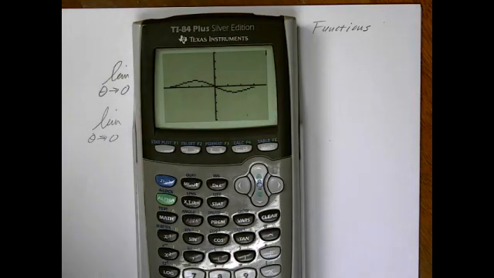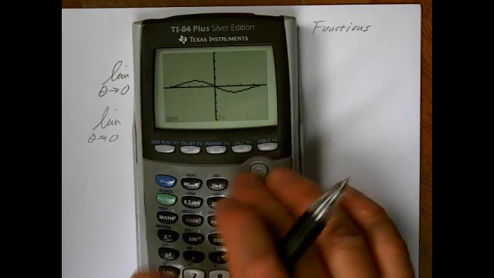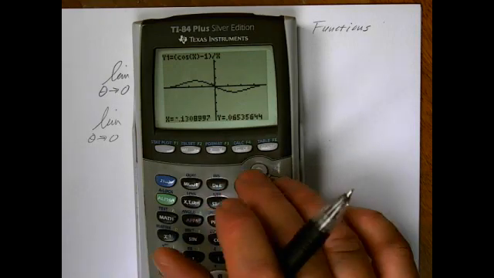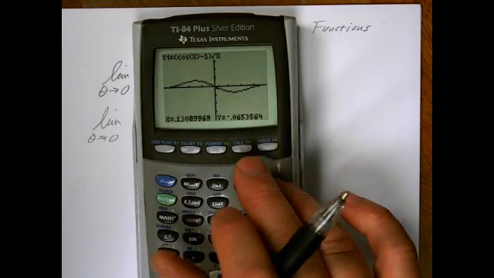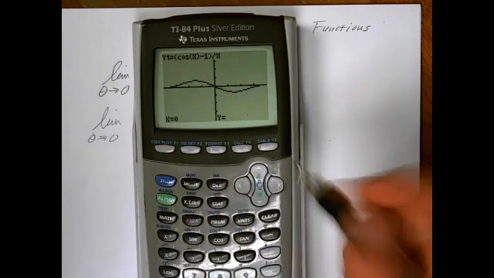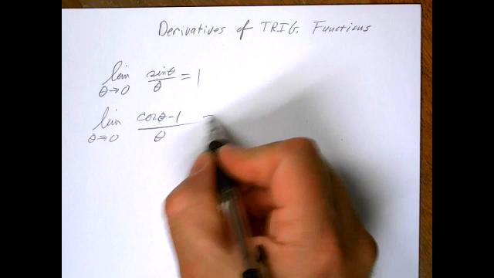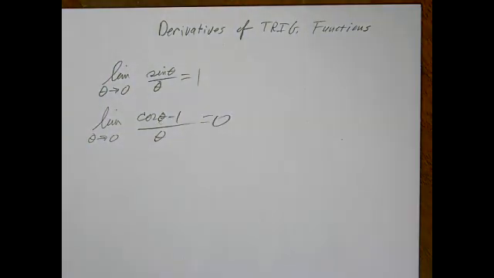And as you can see with this graph, if you hit the trace button, when you get close to 0 from the left, you get close to 0 from the right, your y values are coming in, as we can see on the graph, towards the 0. So this limit is 0. Again, not real easy to demonstrate, but as soon as we have L'Hopital's rule, it will actually be very easy to demonstrate.